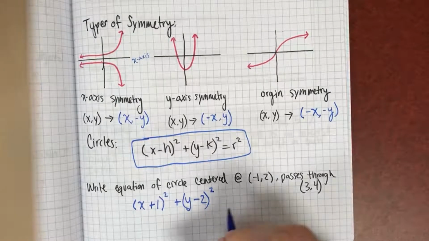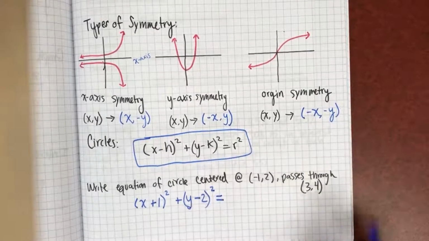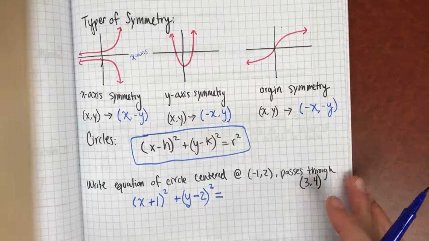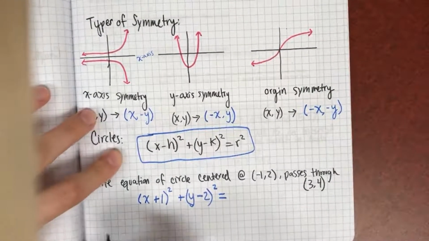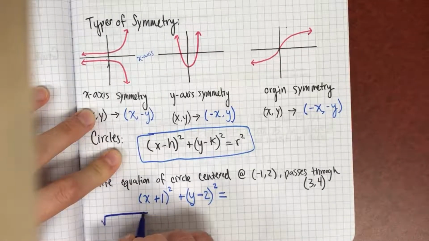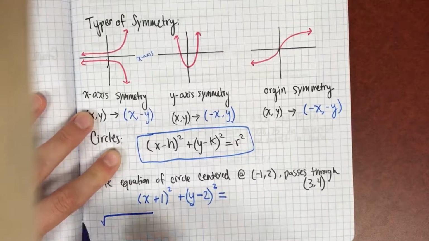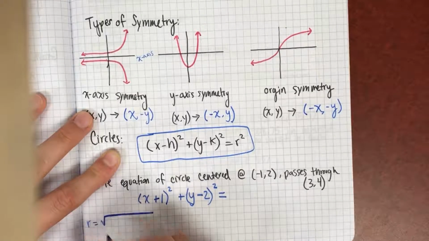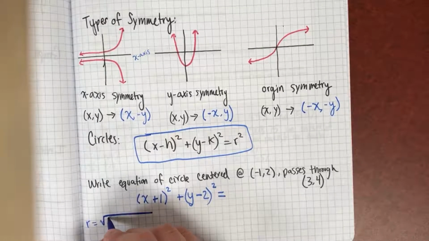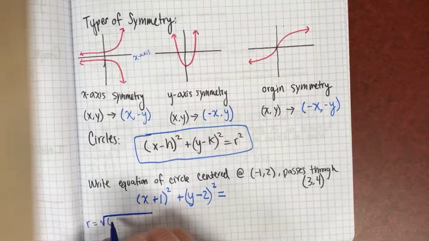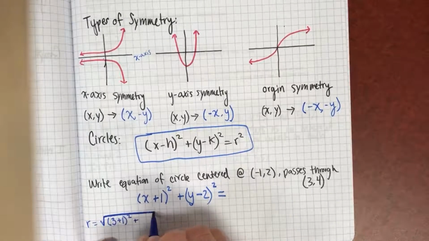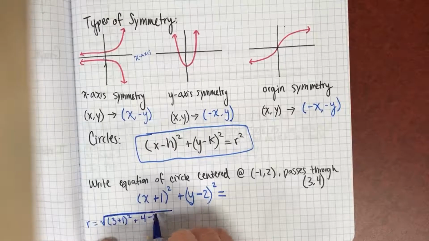Now we don't quite know what it's going to equal yet because we don't know our distance. That's where our distance formula comes in. Let's plug in our points. Let's call this r equals the square root of (3 + 1) squared plus (4 - 2) squared.